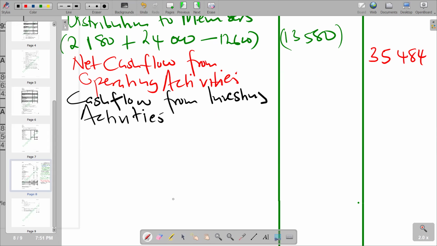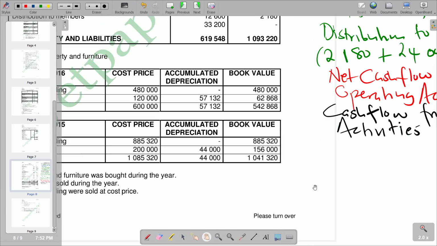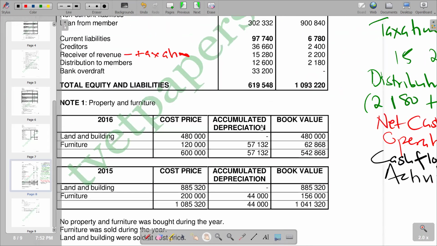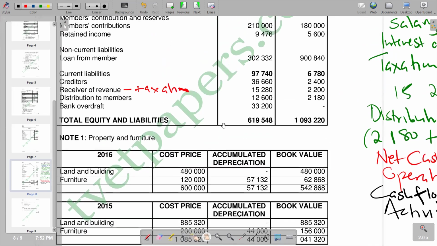So obviously, we go there and try to see in terms of those under the statement of financial position, which is here. So the first that we want to see, we go to the notes for that current assets, which is here.